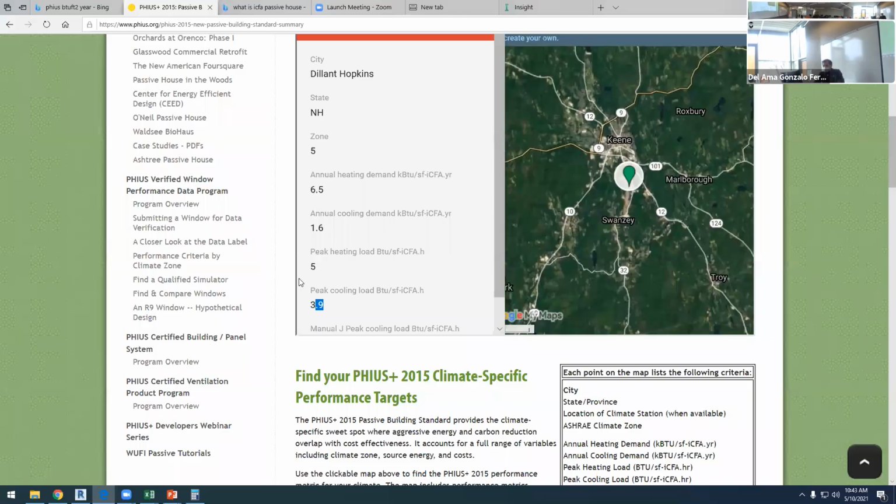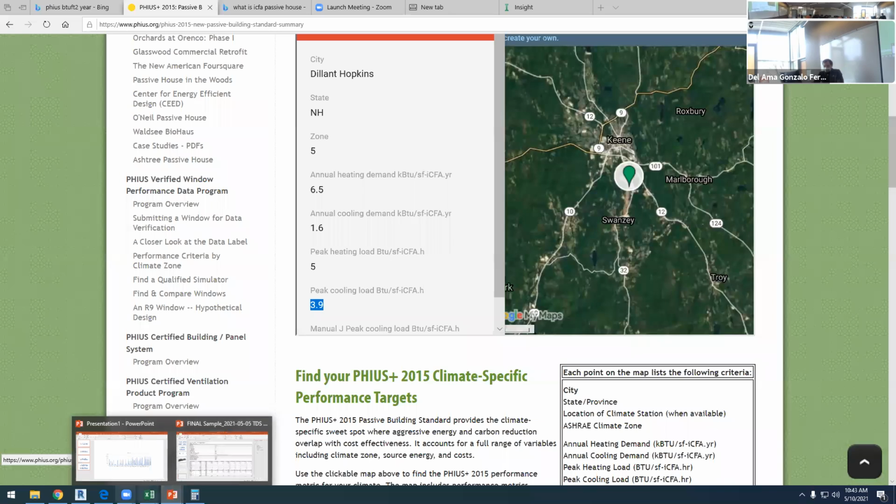If we go to the passive house, it should be 3.9. Why? It's because of the large glass area that we have in this building. So if we reduce the glass area, probably we could meet the passive house standards. We are not meeting the passive house standards because it's extremely restrictive when it comes to windows.